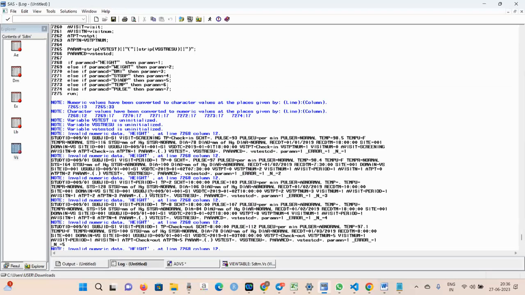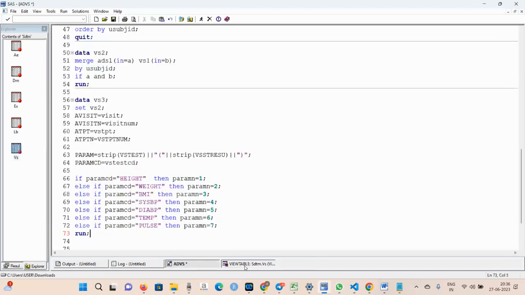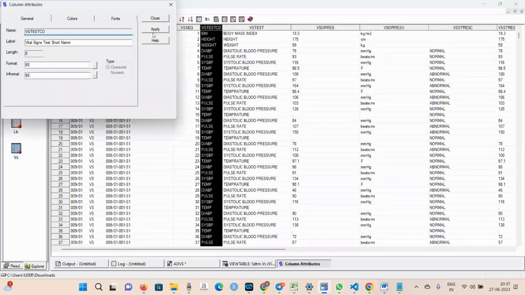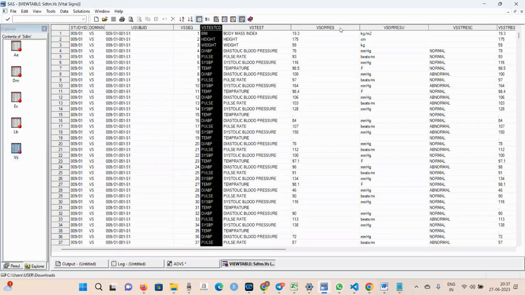I'm not sure what happened exactly. So this is a numeric data, some character.